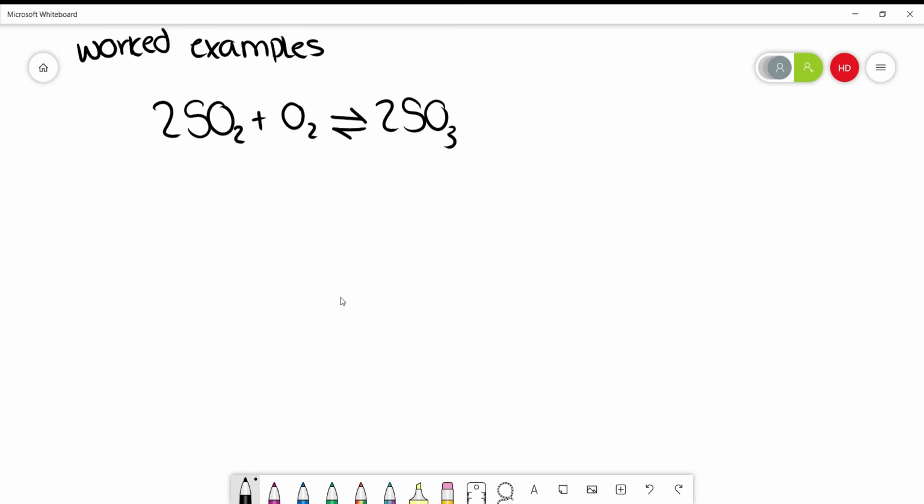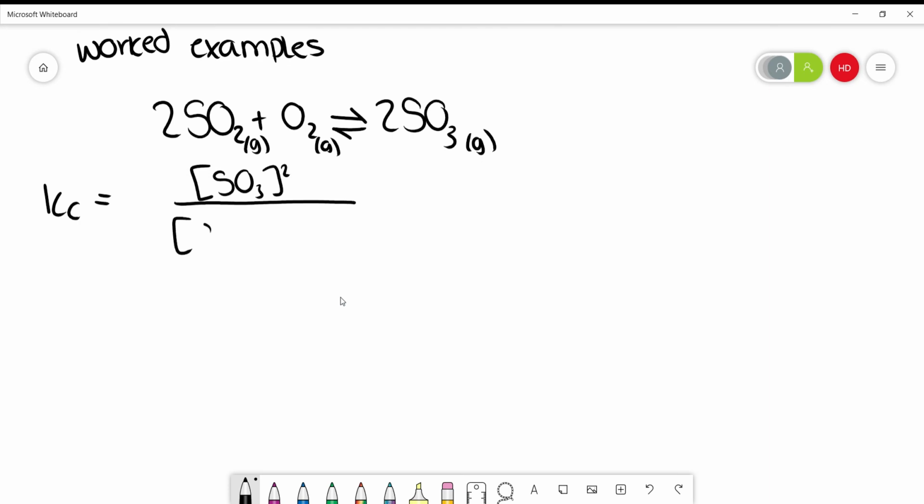So first I would write an expression for Kc, which is, remember they're all going to be in gaseous state, SO3 squared over O2 times SO2 squared. That's your expression for Kc. Remember, another pointer for exam technique, always remember the square brackets.